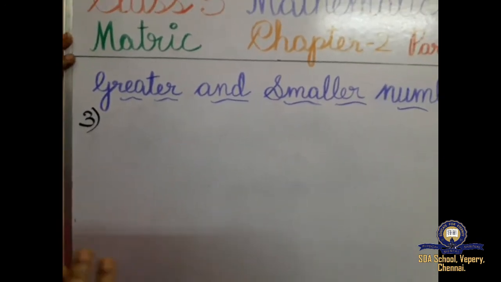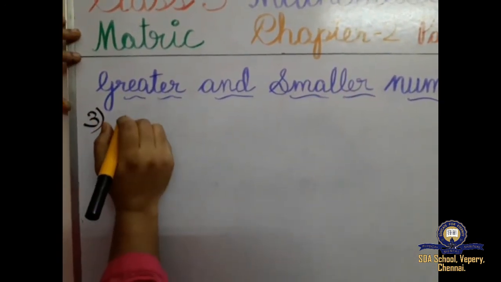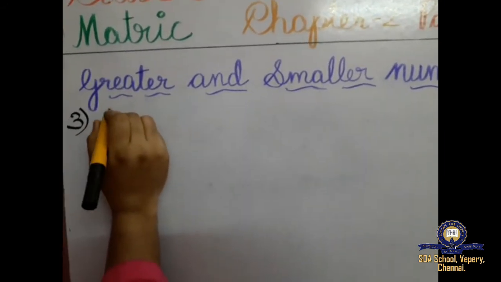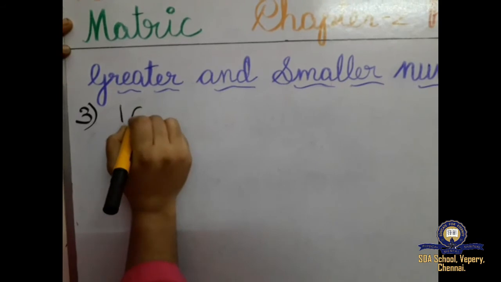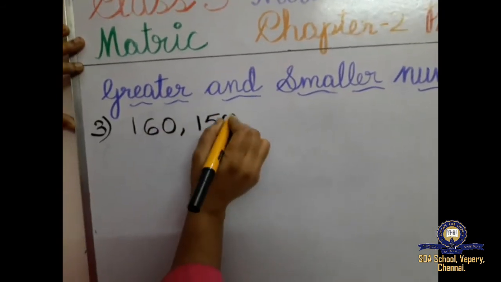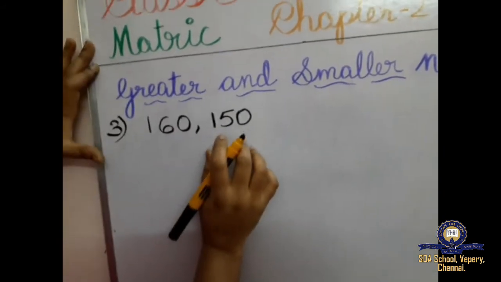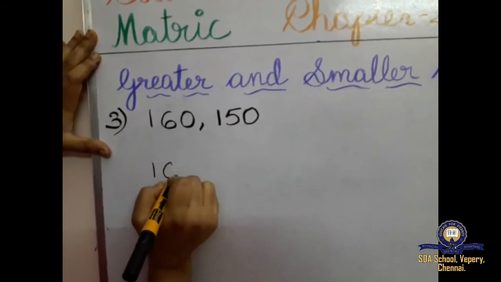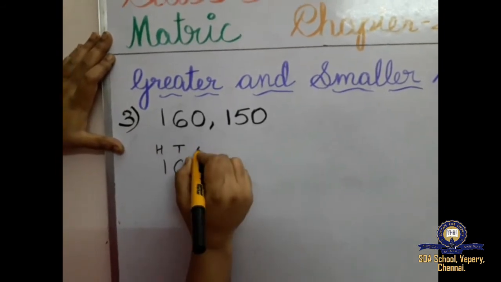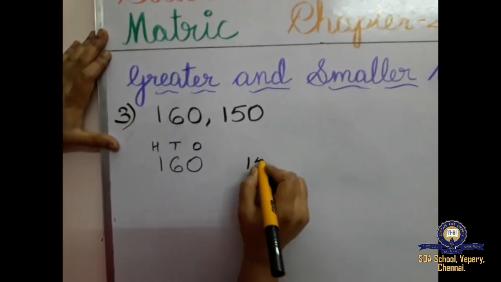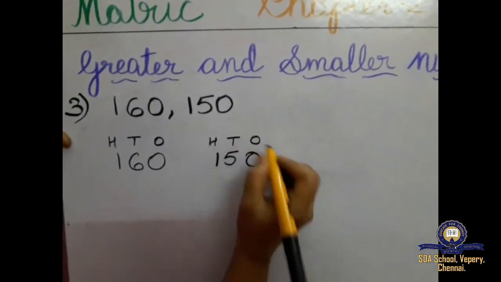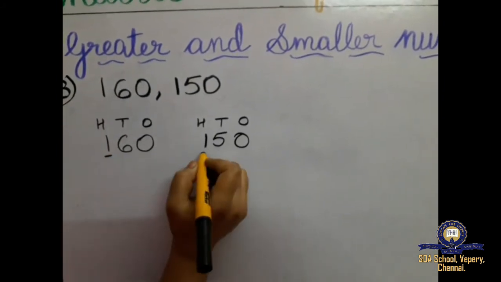Next, if two numbers both have the hundreds place, for example 160 and 150. So we'll see here 160: hundreds, tens, ones. 150: hundreds, tens, ones. Both are having hundreds here.